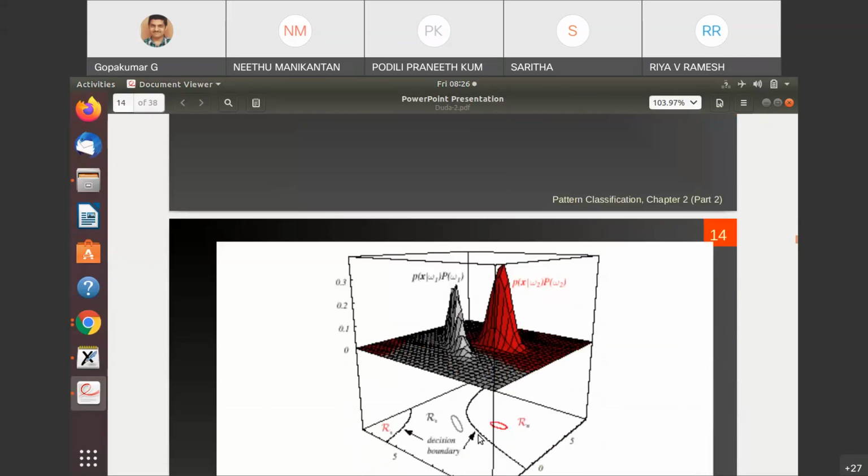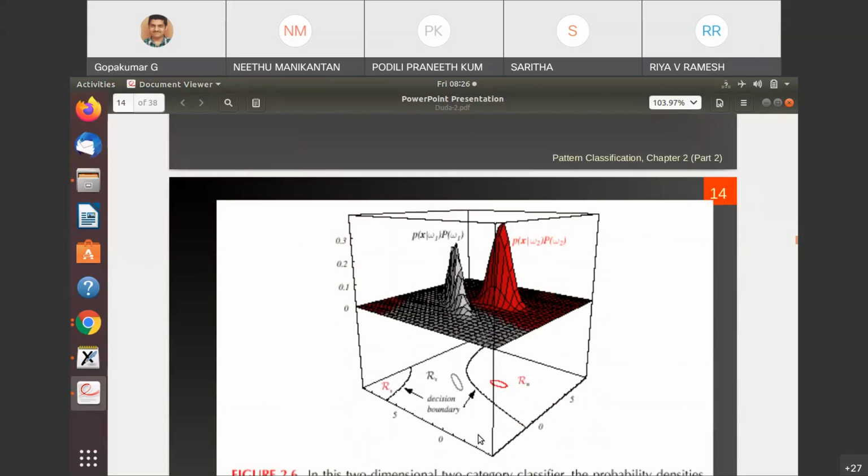And suppose we plot the two functions, g1 of x and g2 of x. Suppose the probability distributions or the decision regions are like this one.